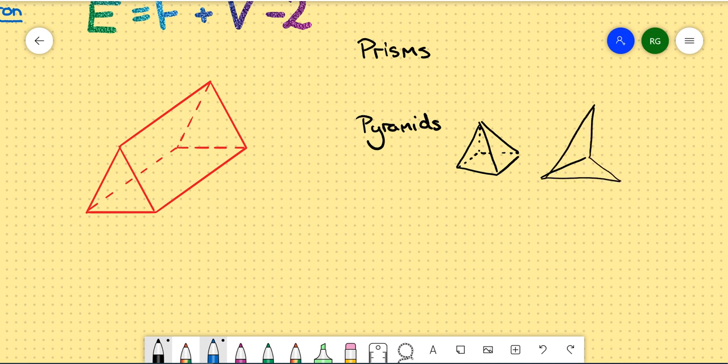It might be something like that, or you could have a hexagonal based pyramid. Let me try and draw one of those, sort of like that. That's a hexagonal based pyramid. Pyramids are obviously a shape on the bottom leading up to a point at the top. They can obviously be upside down if need be.